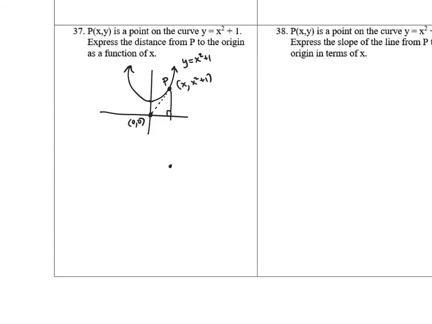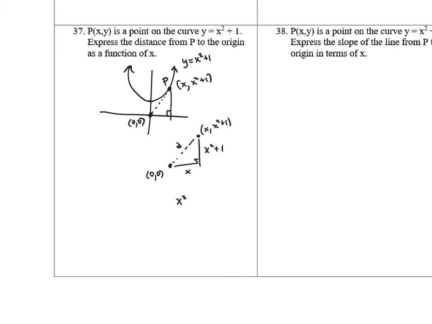So if I resketch this triangle, I've got a base length of x, a height of x squared plus 1, and a hypotenuse, which I would call the distance. I'm going from 0, 0 to x, x squared plus 1. So I can either use Pythagorean Theorem or the distance formula. Either one is fine. They're actually the exact same thing in different forms.